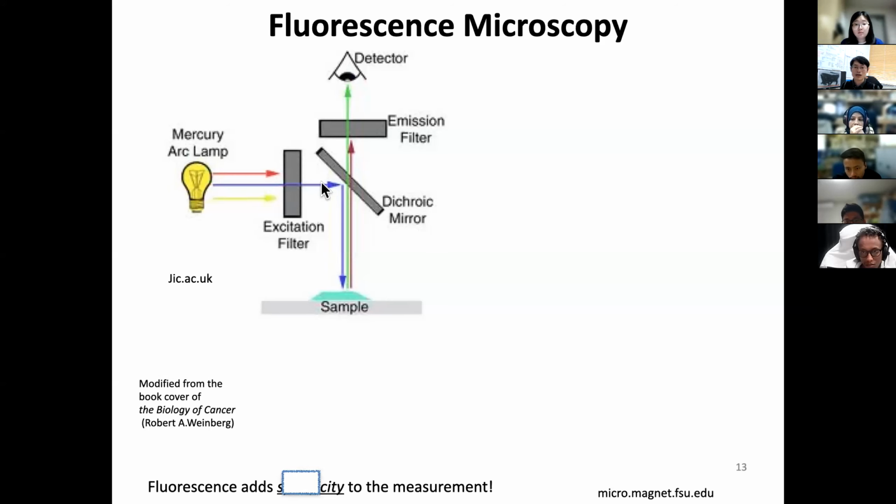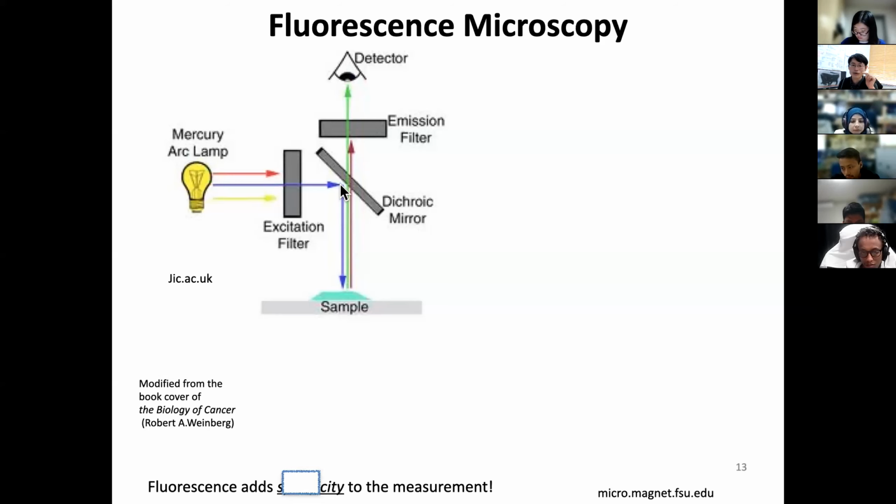So how is it possible? You need a mirror that reflects this blue light, and the sample will emit photons such as green and red, which have to go through to make an image. So this mirror is really strange. It has to be very special. Why?